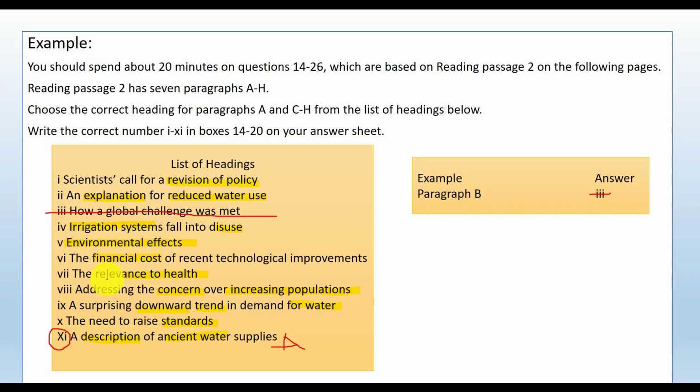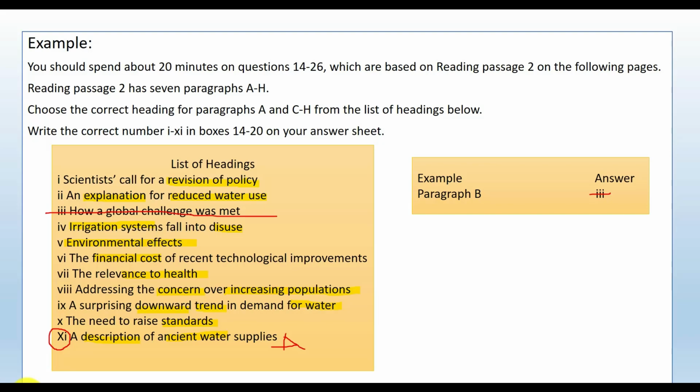Environmental effect, relevance to health. These 2 options could be possible answers for that paragraph, but I'm not sure which one of these could be correct. If you're not sure, and if your general English isn't sufficient to recognize the correct answer from the incorrect answer, then skip it and answer at the end of the test.